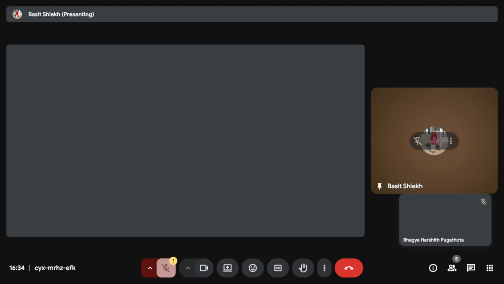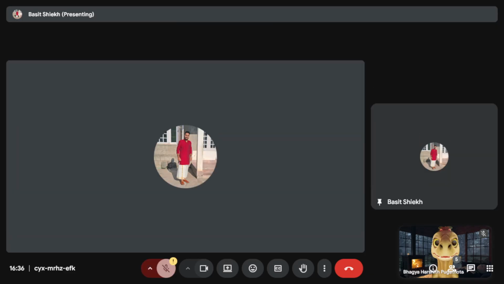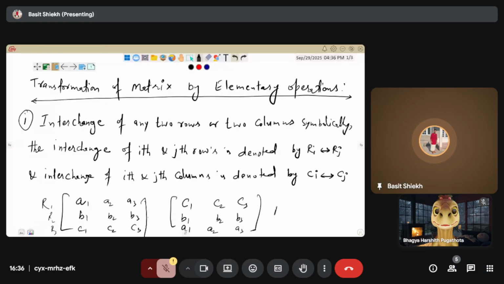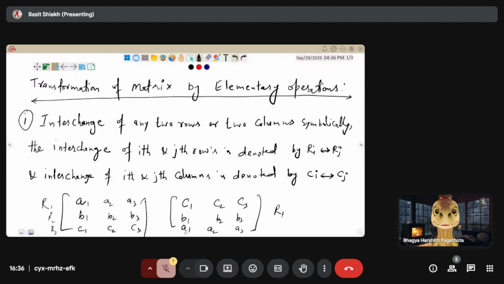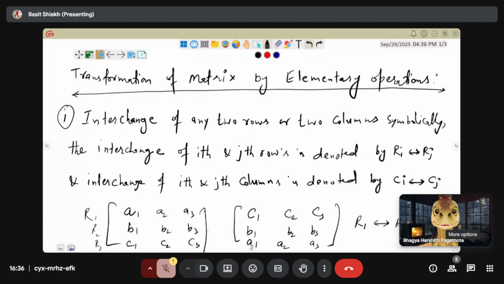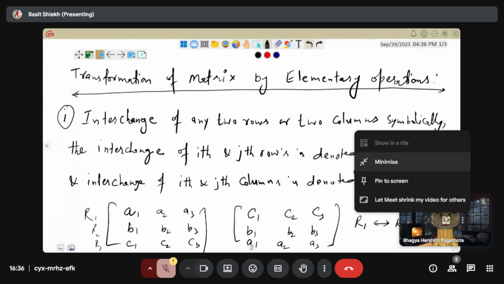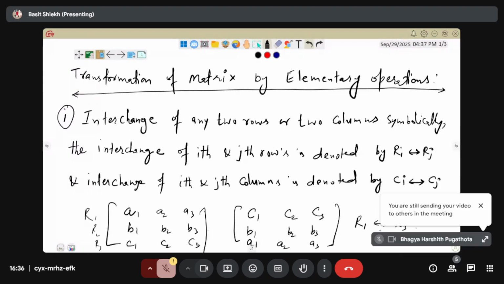We will get C1, B1, B2, B3, and here instead of R3 we will place R1. So A1, A2, A3, and we write it as R1 goes to R3 and R3 goes to R1. It works both ways.